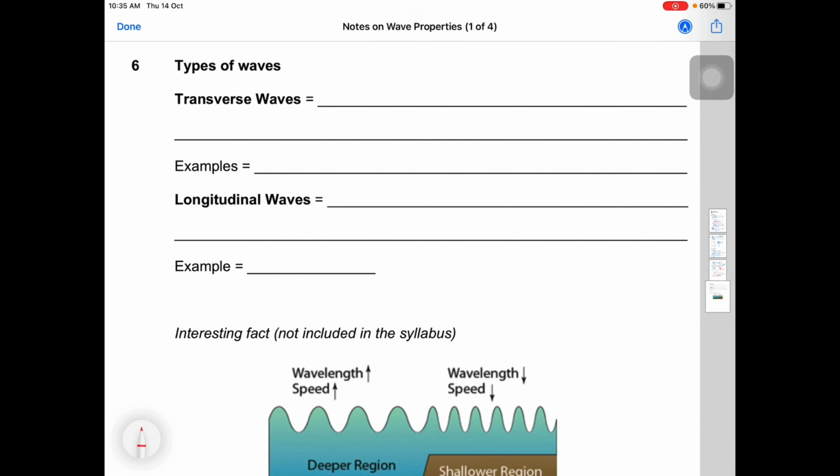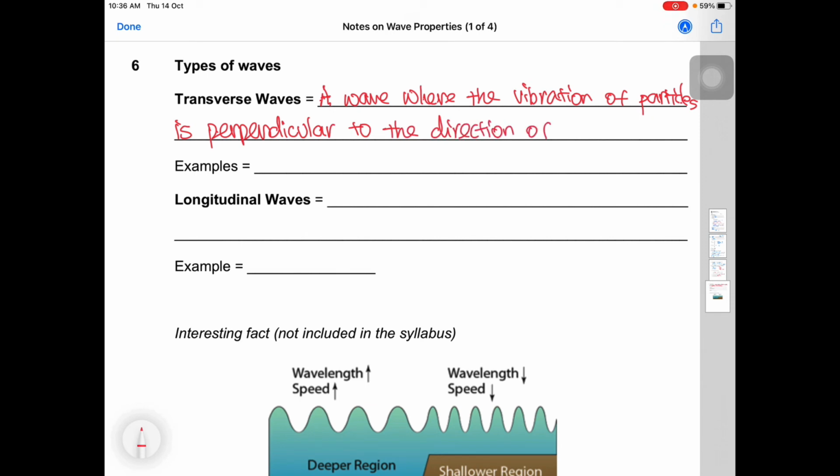It's a wave where the vibration of particles is perpendicular to the direction of wave travel.